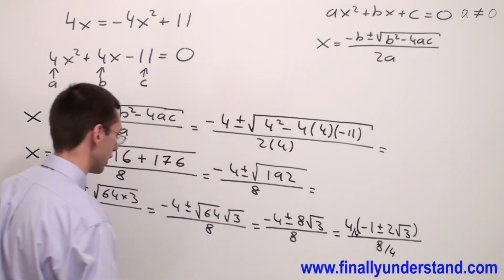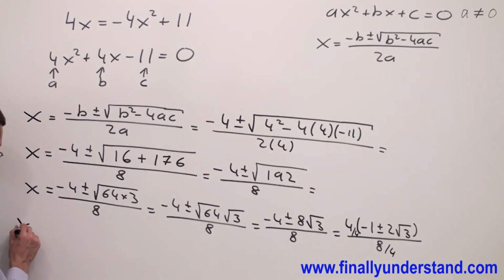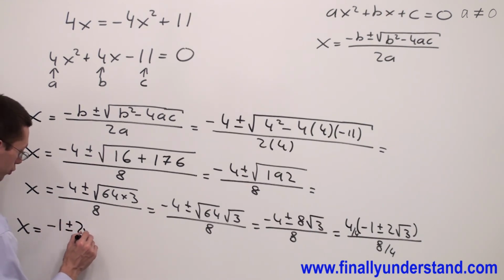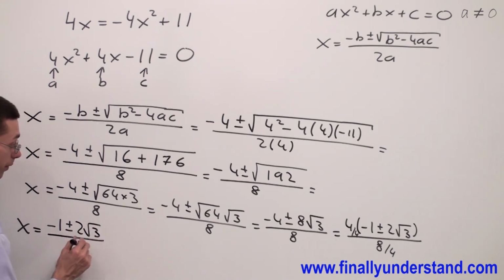That's why I'm going to have x equals negative 1 plus minus 2 square root of 3 over 2.